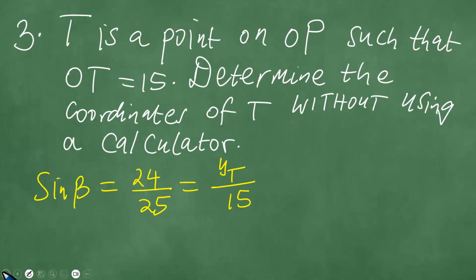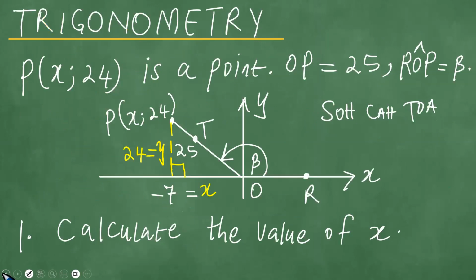Okay, but also if you use the cosine here, cosine of beta is adjacent over hypotenuse, which is minus 7 out of 25, but also it is actually the adjacent at the point T. So let us do this. Which is x T, y T. Cosine beta.